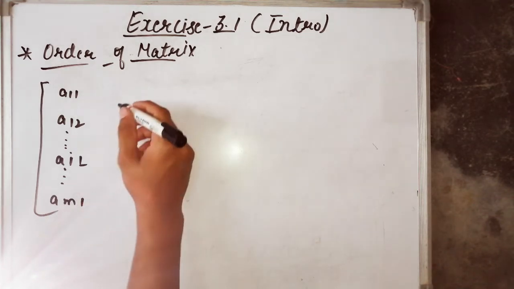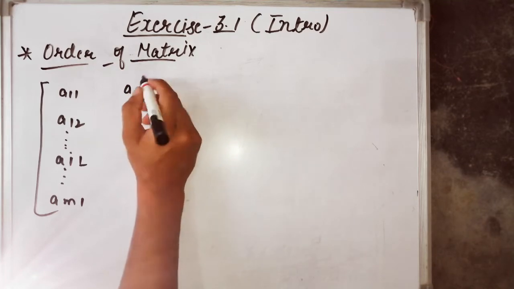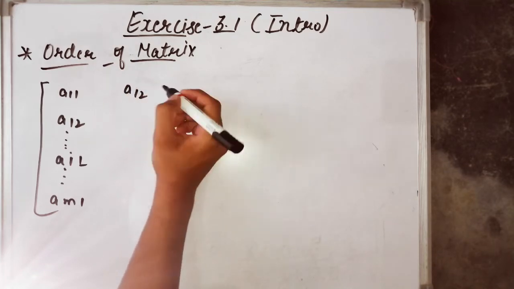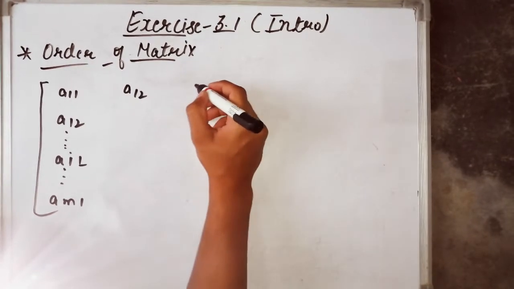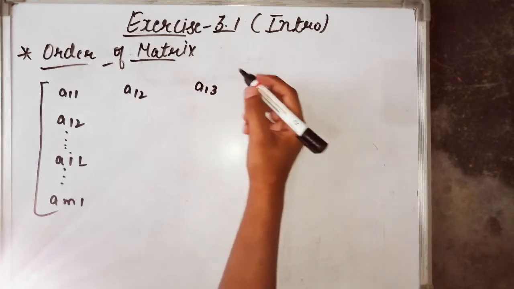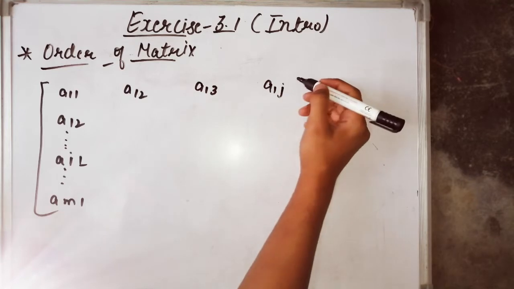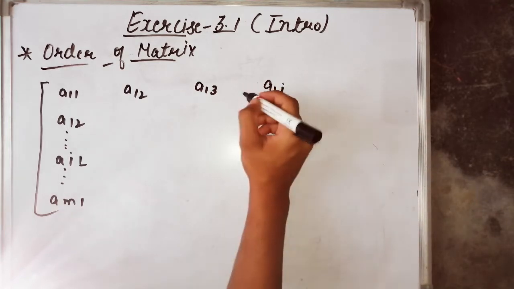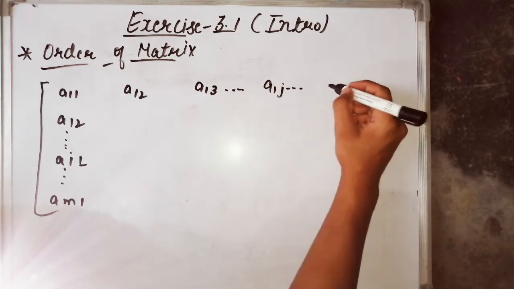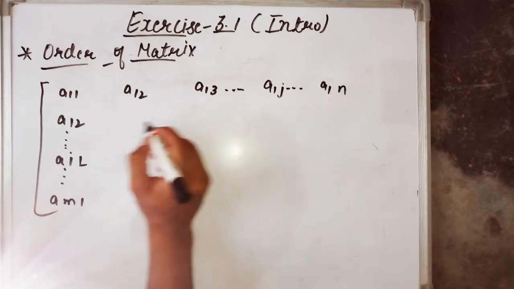Okay, in the row we have a12, a13, a1j, and a1n.